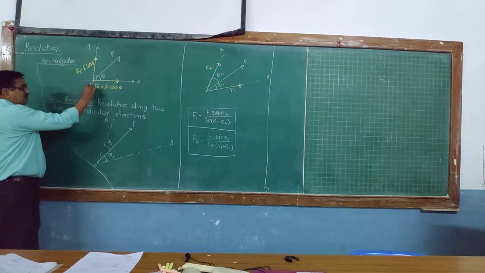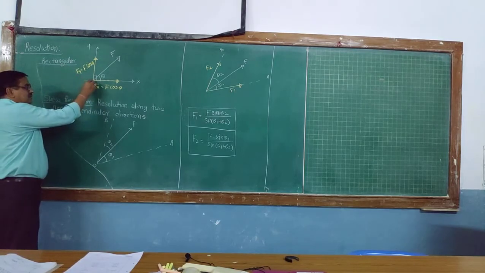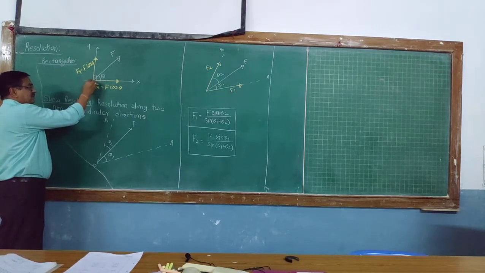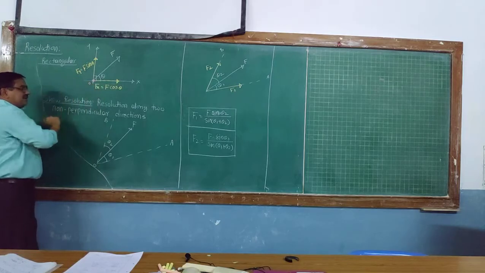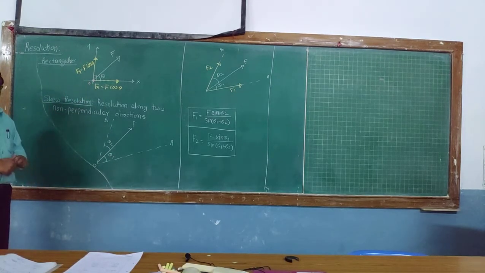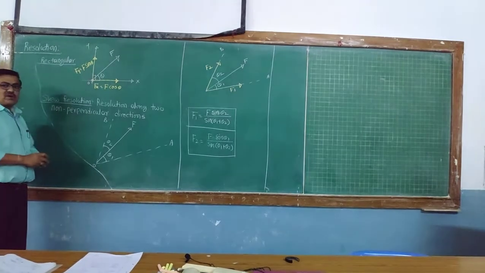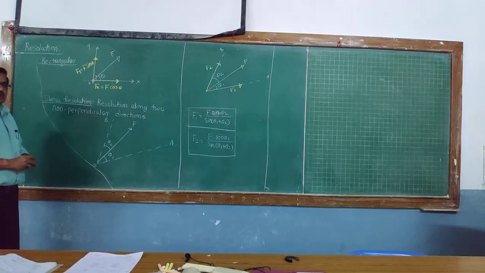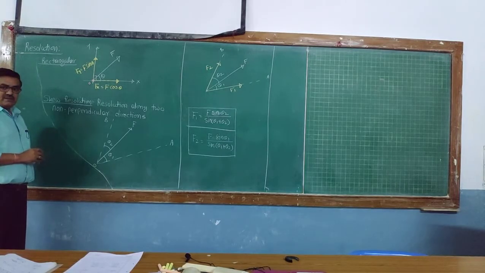In this example we have already discussed it. Here in this figure, force F is acting at point O and theta is the angle made by force F with the x-axis, and our problem is to resolve the force into its components acting along x and y direction.